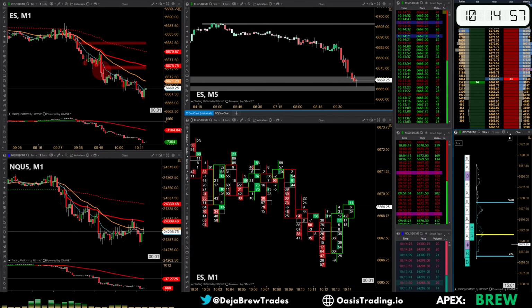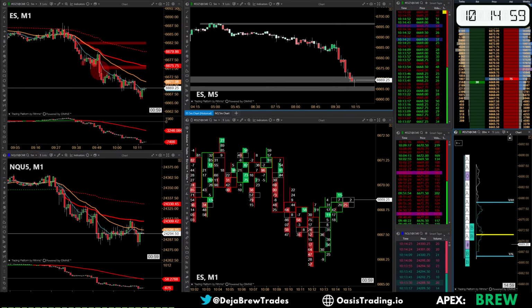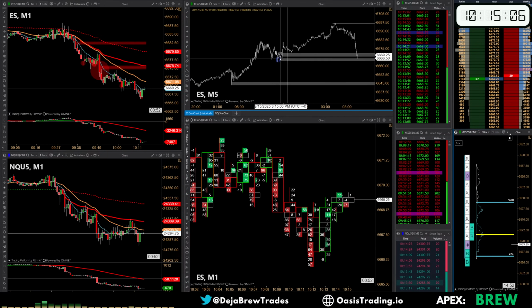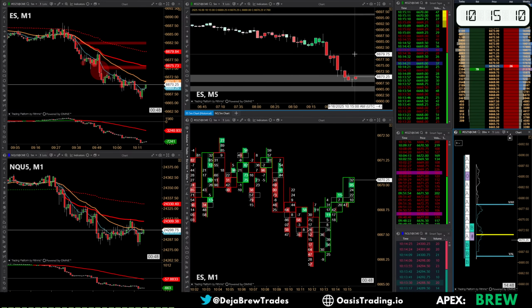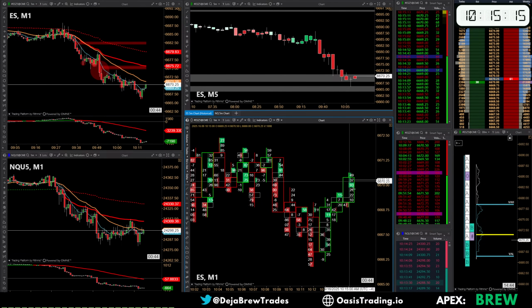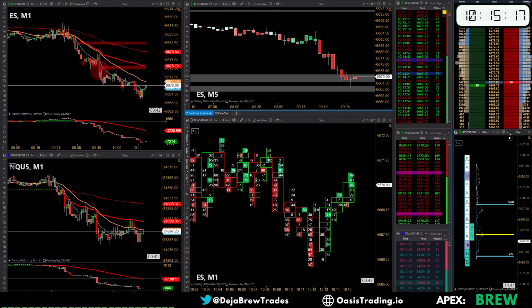You are still riding that lower band. We are sitting inside those point of origins from yesterday. A lot of buyer support down here. You are getting a bit more of those buyers coming in.